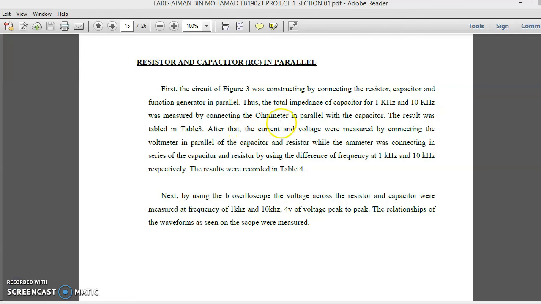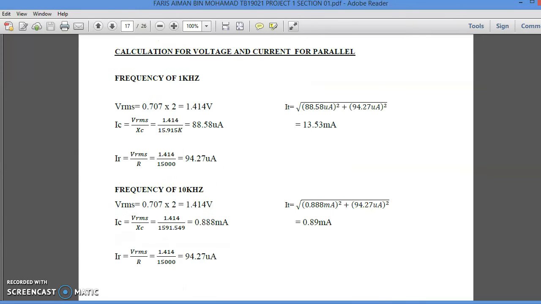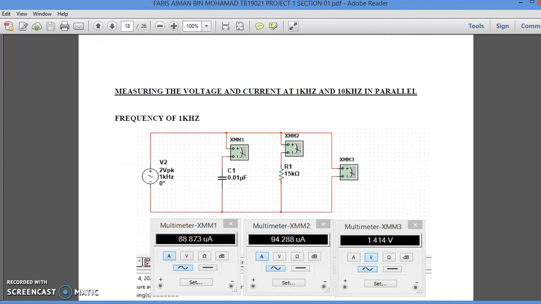For the resistor and capacitor in parallel, the calculation for the total impedance of capacitor and resistor in parallel at 1 kHz and 10 kHz. This is a calculation. The measured voltage and current at 1 kHz and 10 kHz in parallel.